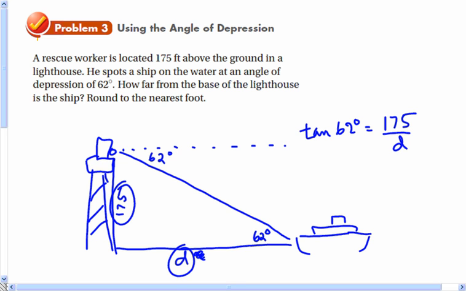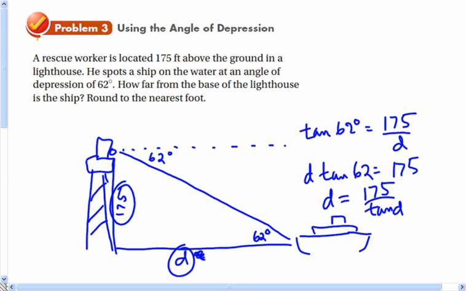So if we want to solve that, we can say that D times the tangent of 62 degrees is equal to 175. And so D is equal to 175 divided by the tangent of 62.